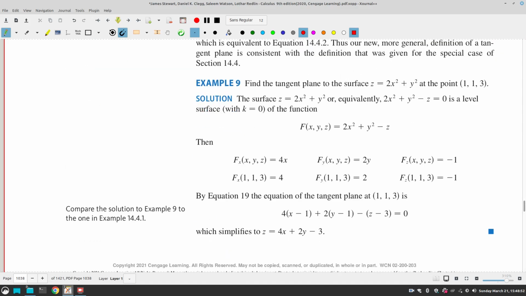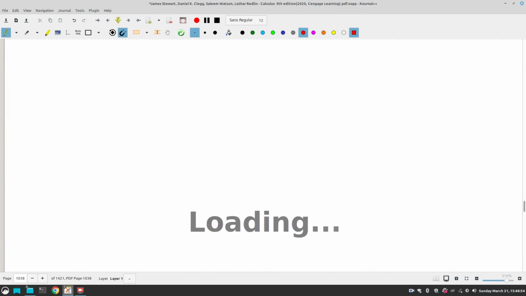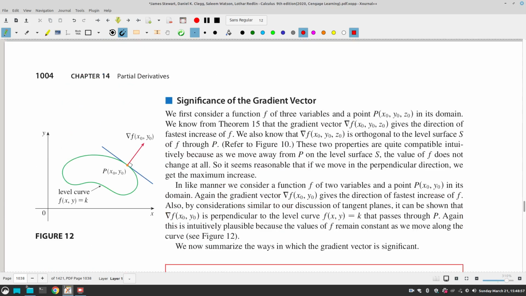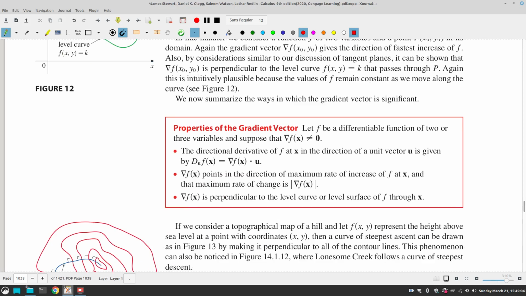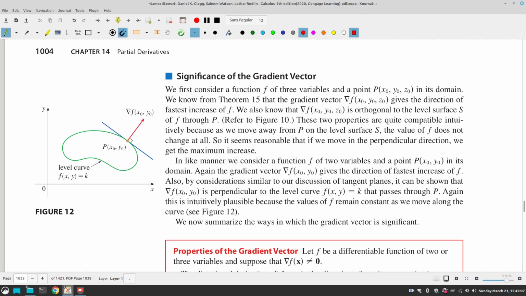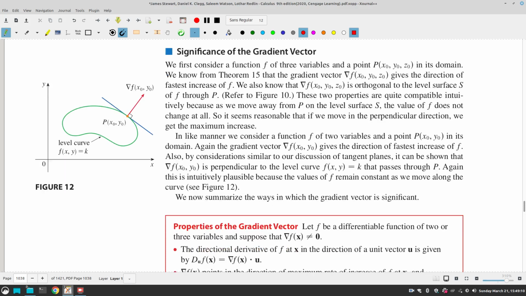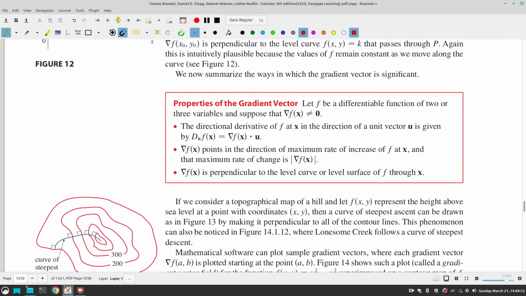Okay, so let's have another example which is telling you the same thing. So what does the gradient vector give you? Since we haven't looked at contour plots, we're not going to go over this much, but what the gradient vector tells you basically is that it gives you the fastest direction of rate of change.